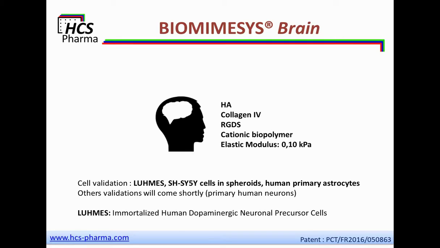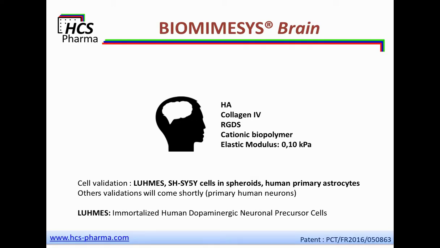The last matrix I will present is biomimesis brain. This one is composed of hyaluronic acid, collagen 4, RGDS adhesion peptide, and a cationic biopolymer. The elastic modulus is quite low, 0.1 kilopascal, to be in line with the in vivo situation, since the brain is really soft.